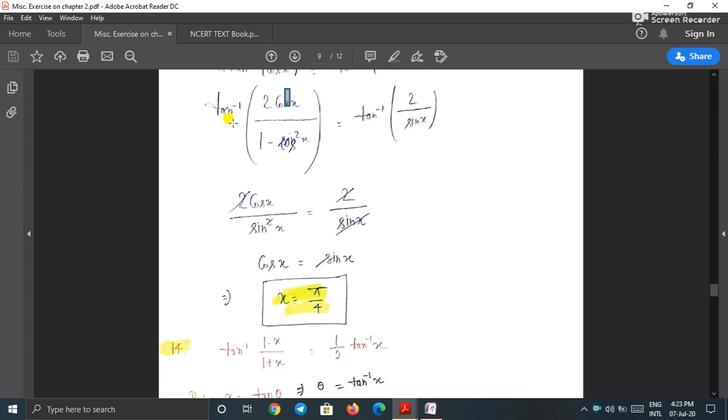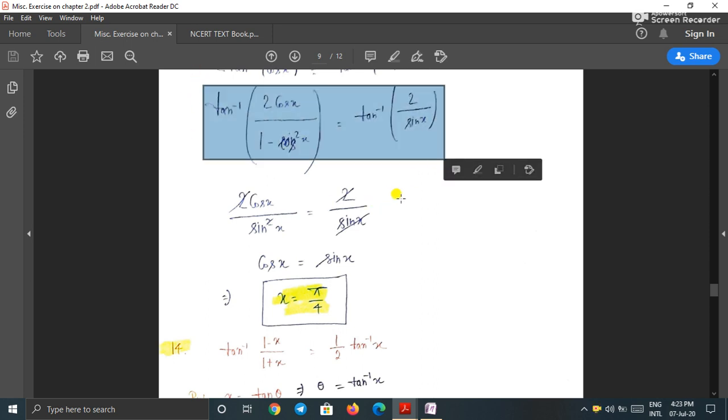Tan inverse is an injective function in the principal value branch. If we consider the principal value branch, then the images under tan inverse are same if the points must be same. You have studied if f(x) is equal to f(y) and f is injective, then x is equal to y. We are using this property here, right?